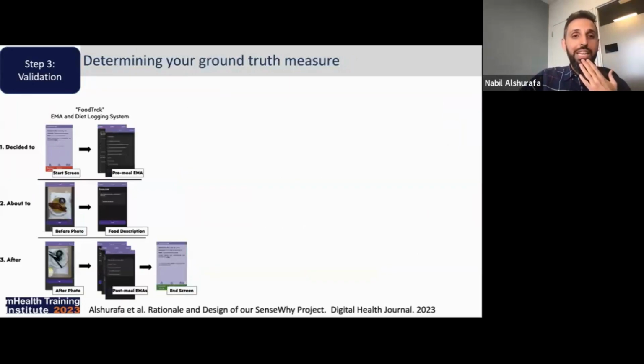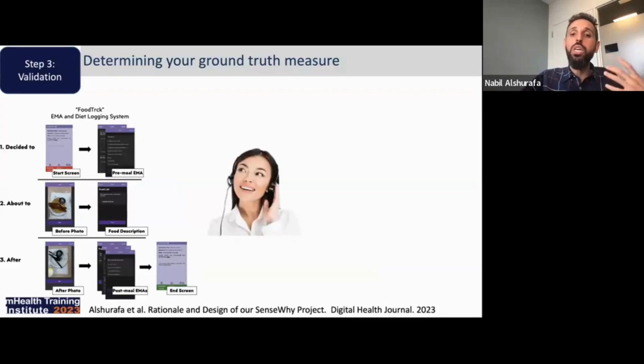All right, determining our ground truth measure. Because we do a lot in the eating space when detecting food intake, many often resort to using food logs, right, using smartphones. And when funding is available, we often use 24-hour diet recalls, which is still considered a traditional standard in dietary assessment.